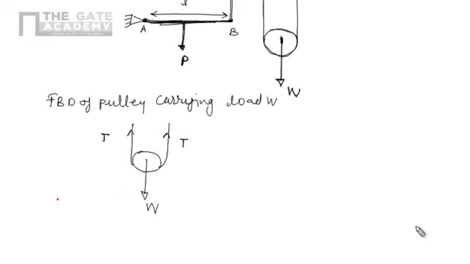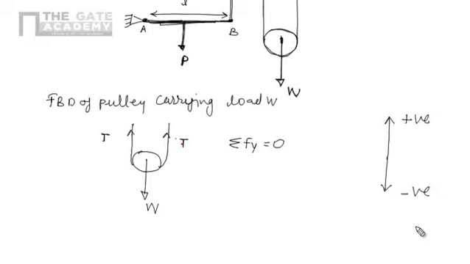There are only vertical forces acting on it, so directly we can apply condition number 2. Algebraic summation of all vertical forces should be zero if the body is in equilibrium. Both tensions T are acting in a vertically upward direction. First assume the sign convention: vertically upward is positive, vertically downward is negative.